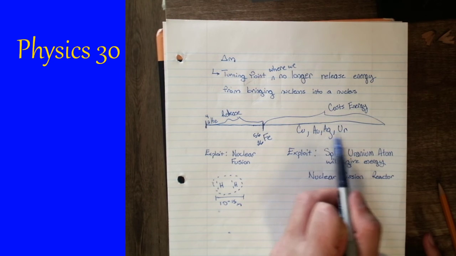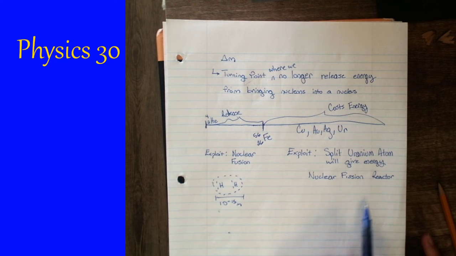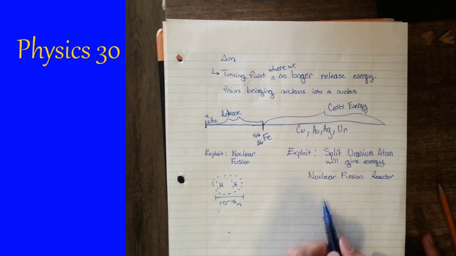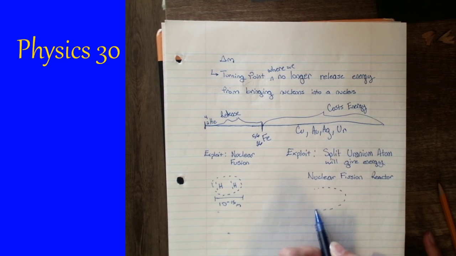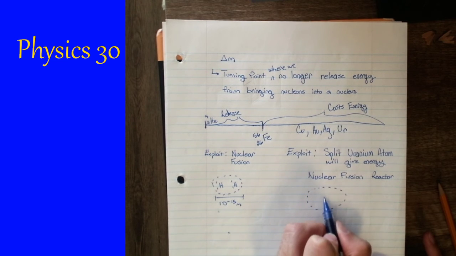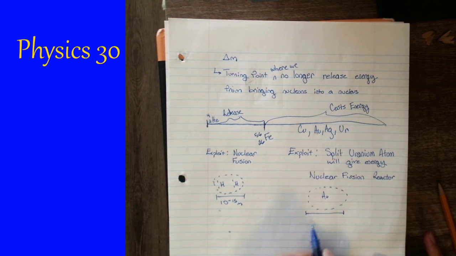As you increase the number of protons and number of neutrons, you actually increase the distances that everything is away from each other. And so it becomes more energy intensive to actually do that, because your nucleus for something like a gold atom is much bigger than 10 to the negative 15 meters.